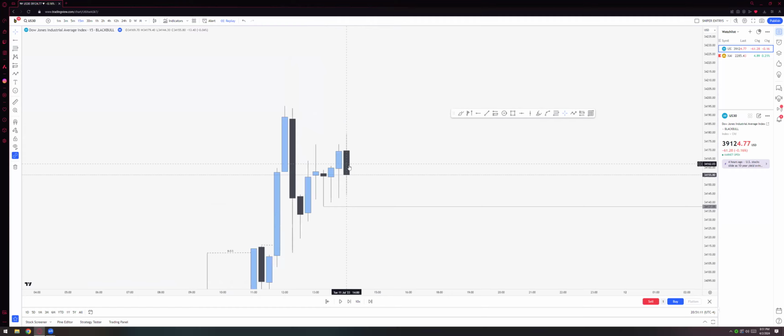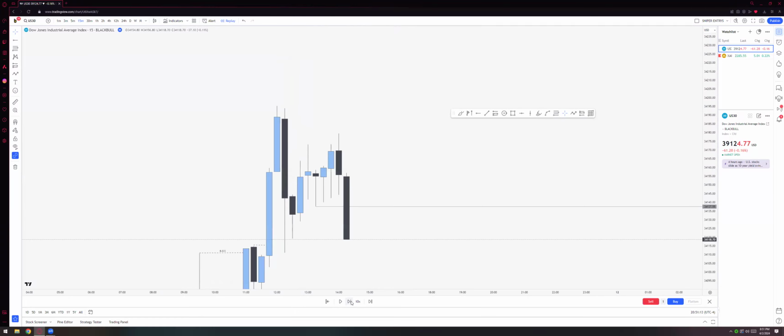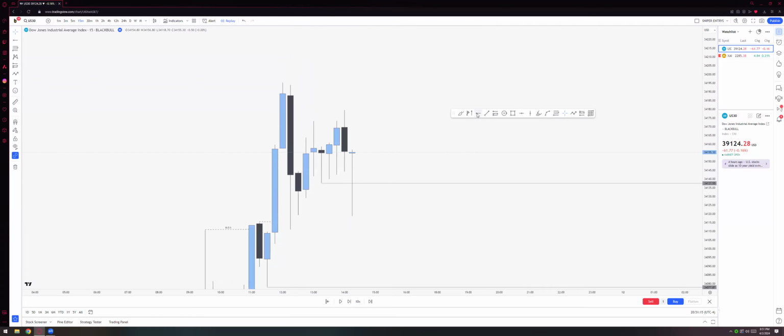Okay. So here you guys can see I mark up the most recent one, and that's the only one. Not even this one actually got swiped. So the most recent one, if I wouldn't mark up this one, then I wouldn't be able to take the trade. Because one thing that you have to keep in mind here with this strategy, guys, is that if there's no liquidity grab, there's no setup for us.